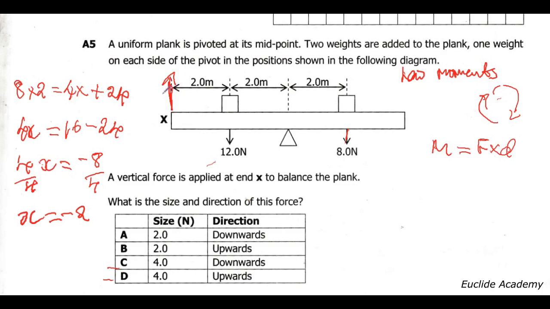If we take it upward, then it becomes a clockwise direction. If it is a clockwise direction, meaning we add it to this side, where we had 16. So we just used this to calculate the size.